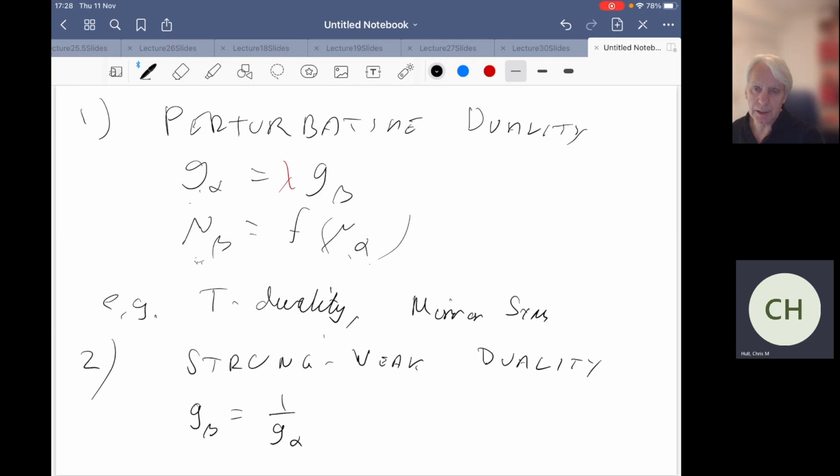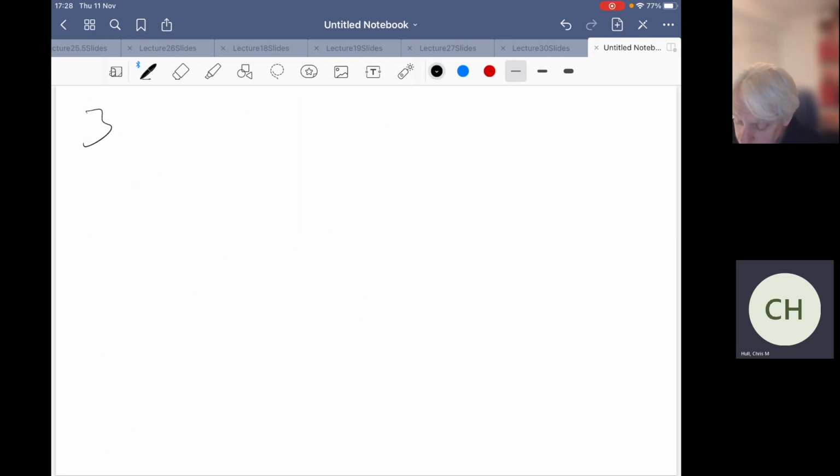So the strongly coupled behavior of the original theory alpha can then be understood in terms of a perturbation theory for the dual theory beta, and vice versa. An interesting case is when we have self-duality, in which theory alpha is equal to theory beta.